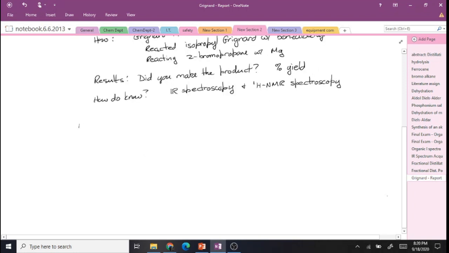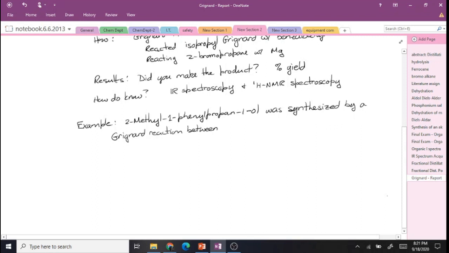So an example for an abstract might be something of this sort. 2-methyl-1-phenylpropan-1-ol was synthesized by a Grignard reaction between isopropyl magnesium bromide and benzaldehyde in 48% yield.